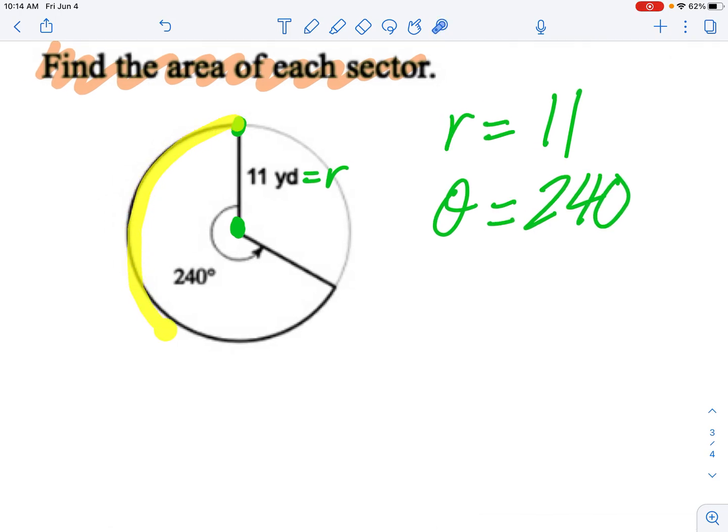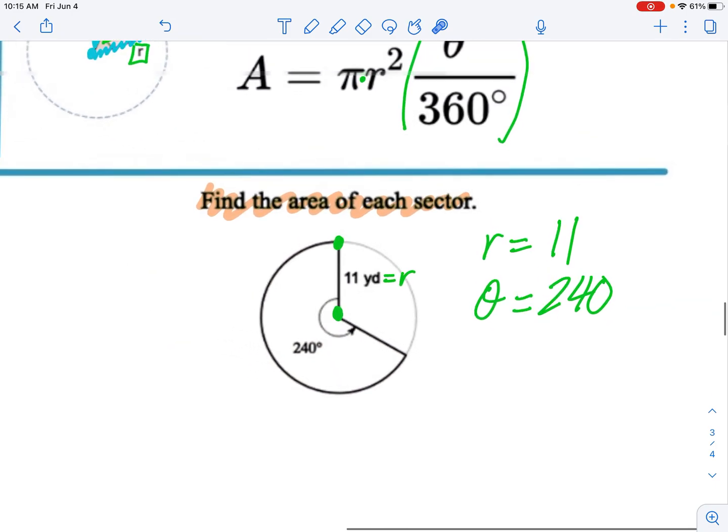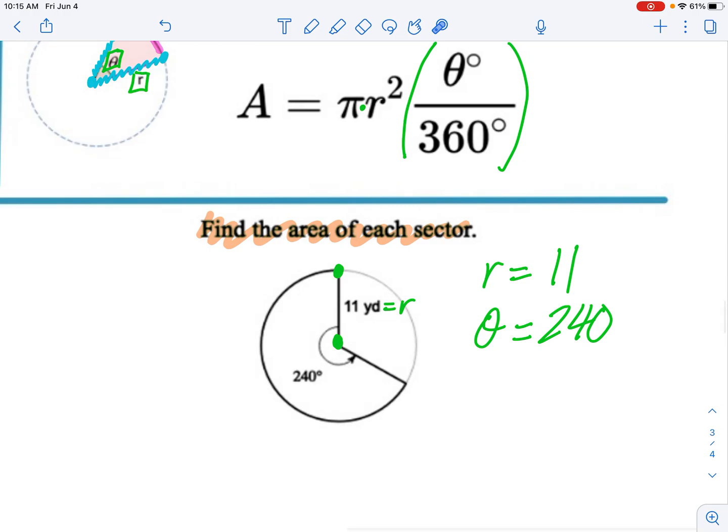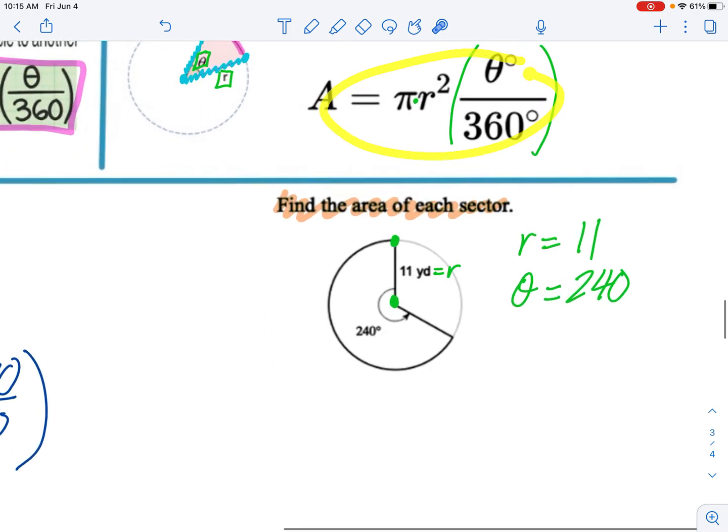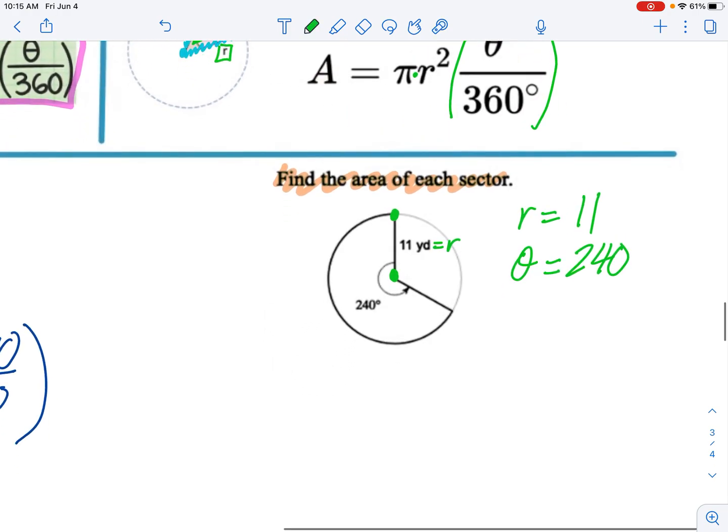So what we're going to do, kiddos, is we're going to find how much space is in here. All of this right here, we're going to find how much space is in here. Okay? Then we're going to use our formula, right? So let's follow it right here.